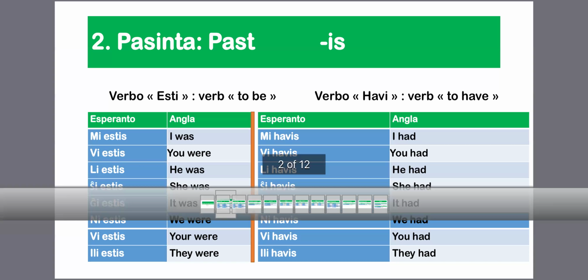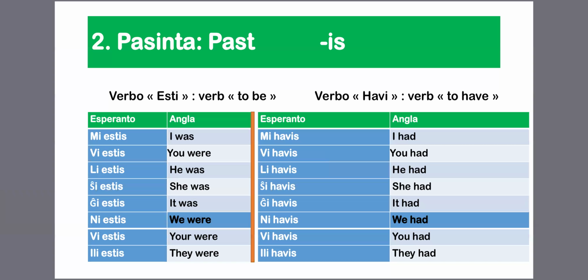I was saying that we were seeing the verb, how we pronounce to have, which is havi. And how can you use the verb to have in past? So when you say mi havis, it means I had.